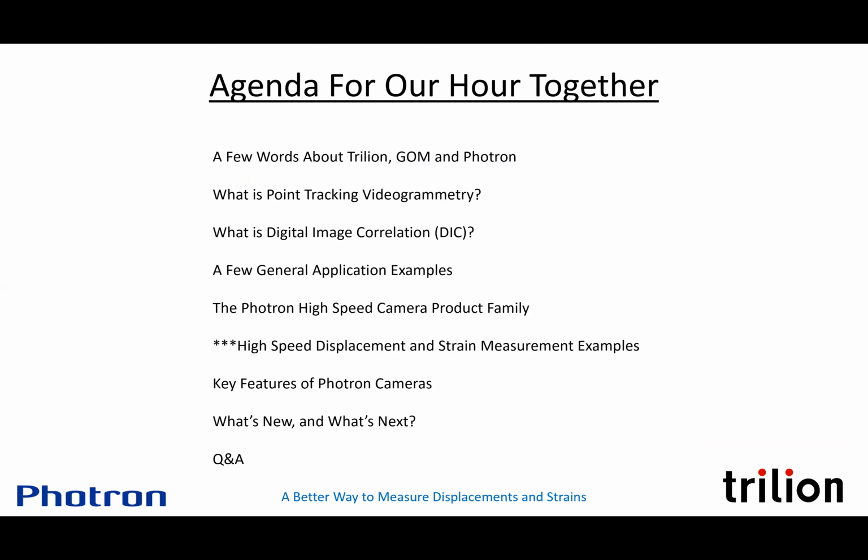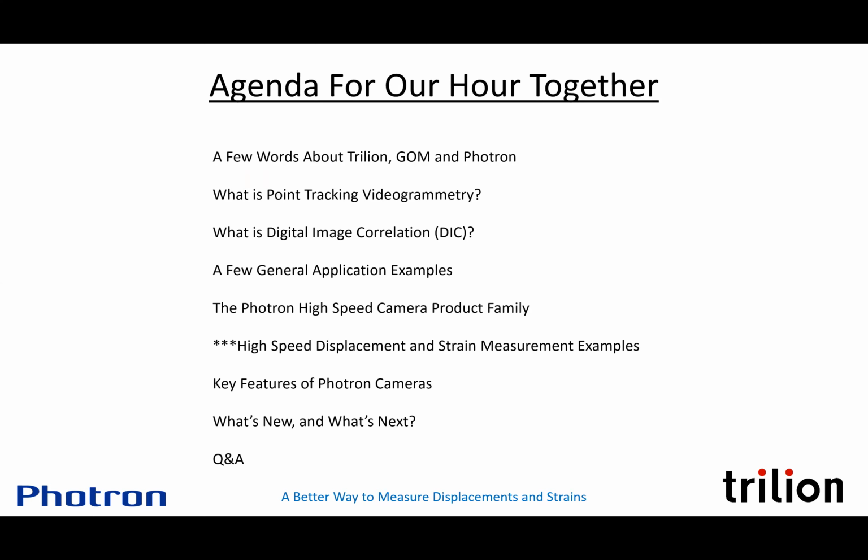So what we're going to go through in the next hour is a few background words about Trilion, GOM, and Photron. Who are we? What do we do? What is point tracking videogrammetry? And what is digital image correlation? These are the two primary measurement techniques that we do with the high-speed cameras. I'm going to show a few examples of quantitative measurements at low rate and high rate.